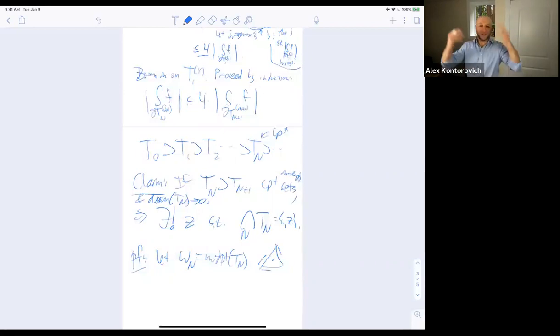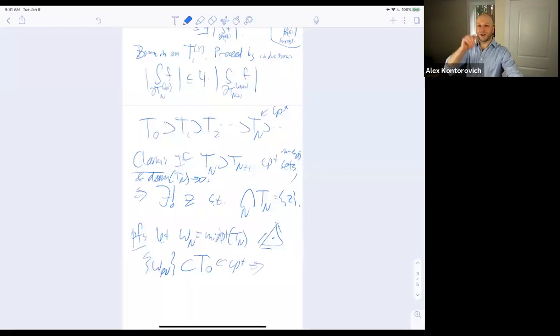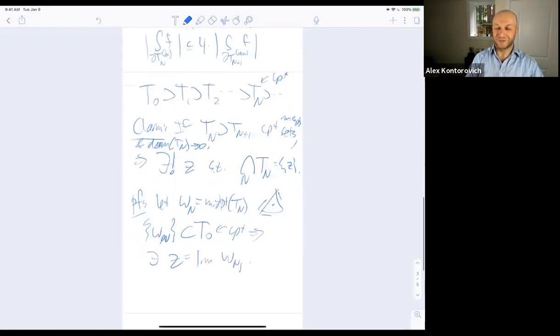It doesn't matter, we could take any point in each of the triangles and look at the sequence Wn. Wn is a sequence inside T0, and T0 is compact. What do you know about a sequence in a compact set? Maybe a subsequence has a limit. So there exists Z, which is the limit of a subsequence of these Wn.